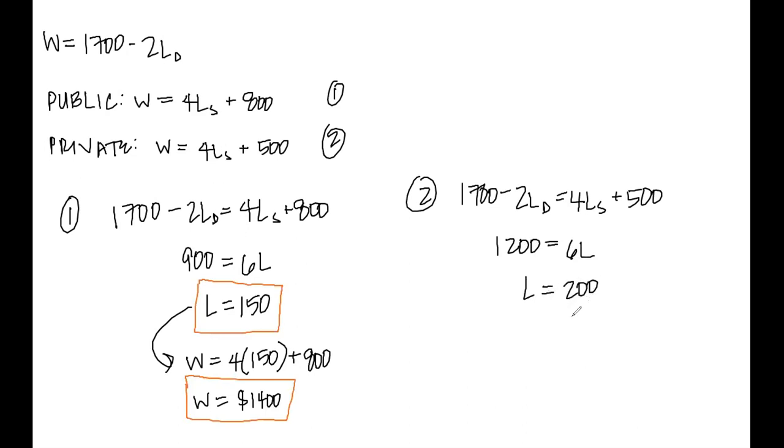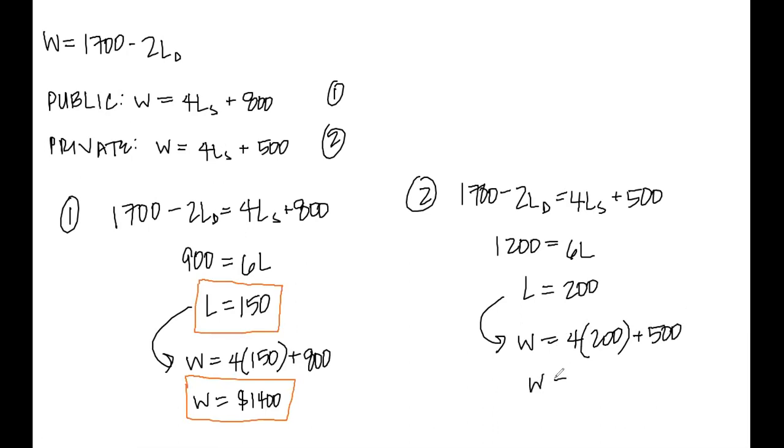And as always, we can plug that back into either equation that we've used. So I'm going to use the labor supply equation again, but this time for private school teachers. So it'd be 4 times 200 plus 500.